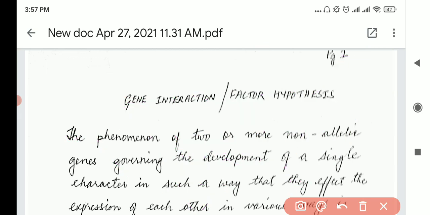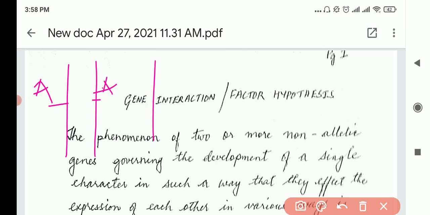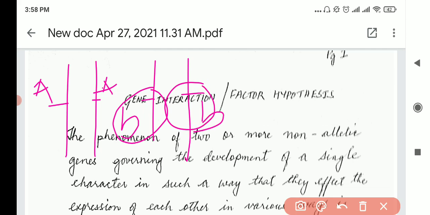Let me draw it again. Let's say, okay, we have A and A. Fine. Then we have B and B. Okay. B is on this locus and this B is on the same locus, and these are homologous chromosomes.